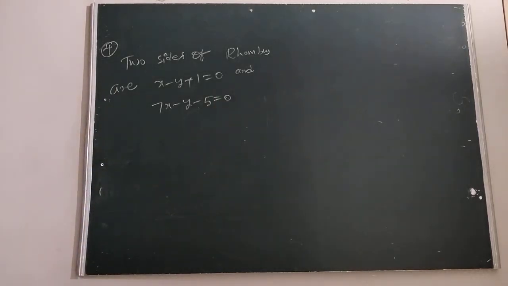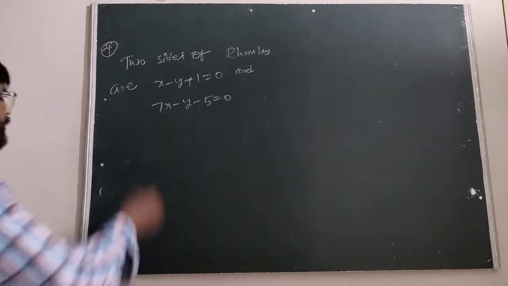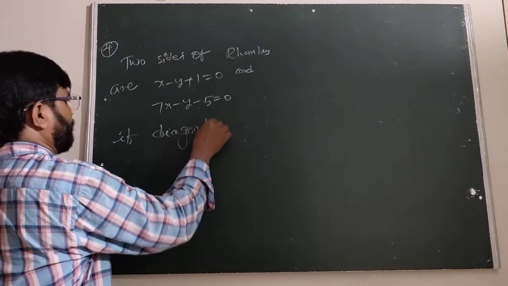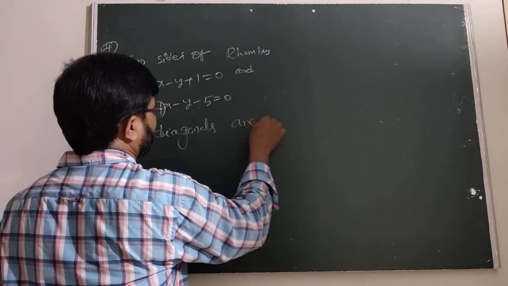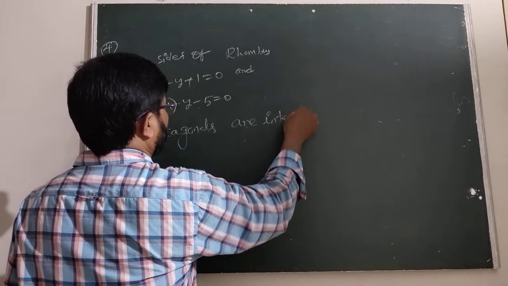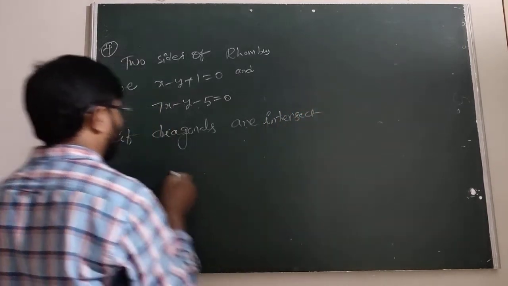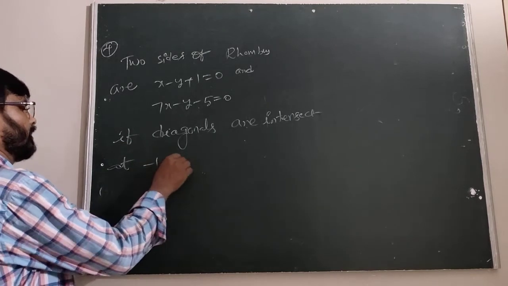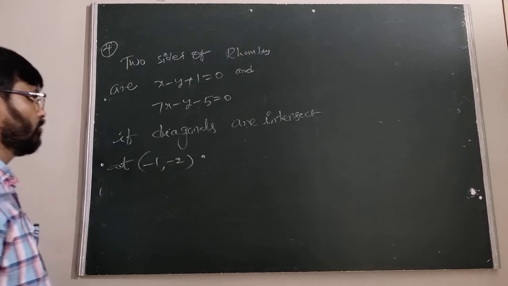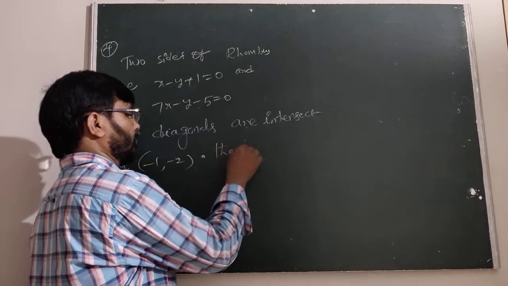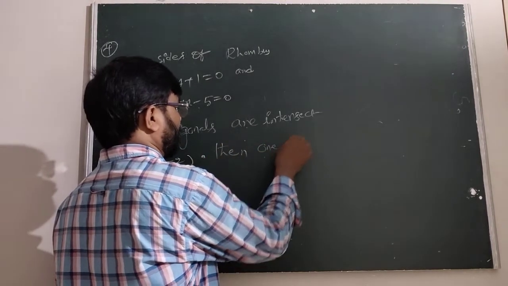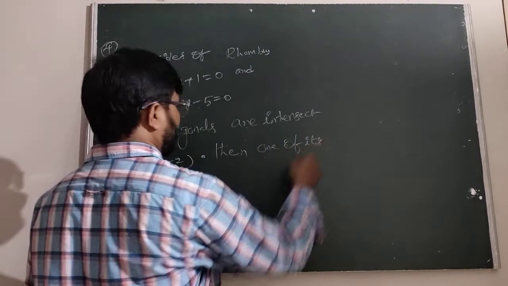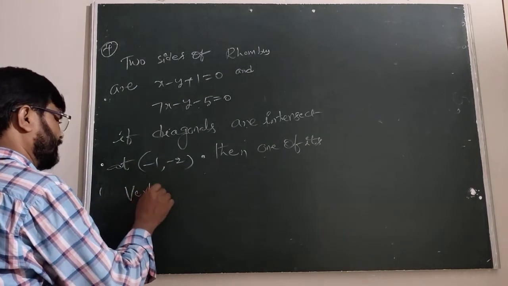If the diagonals intersect at the point (-1, -2), then find one of its vertices. How to find the vertex?